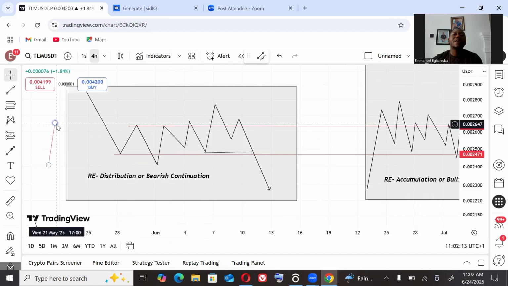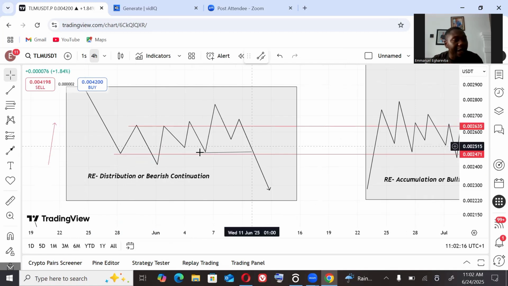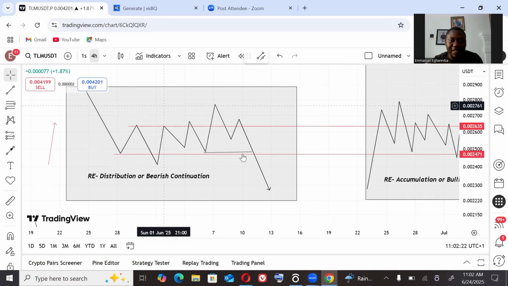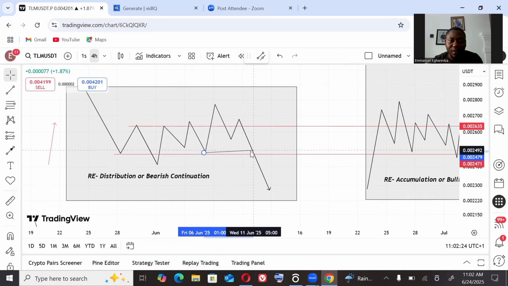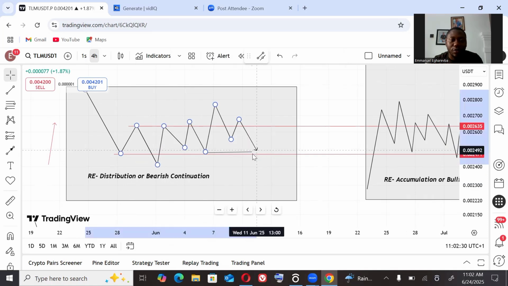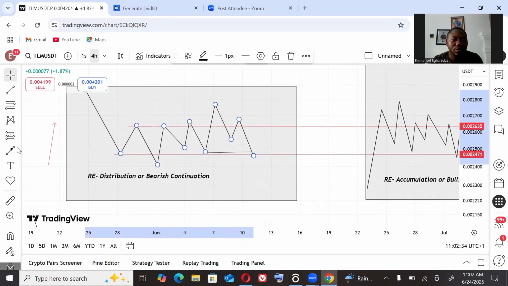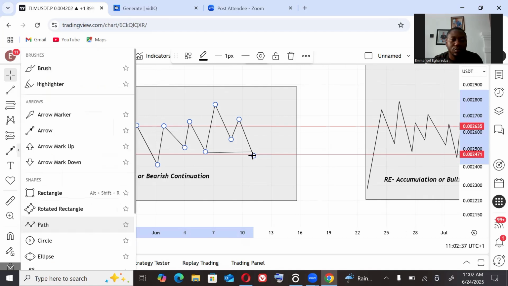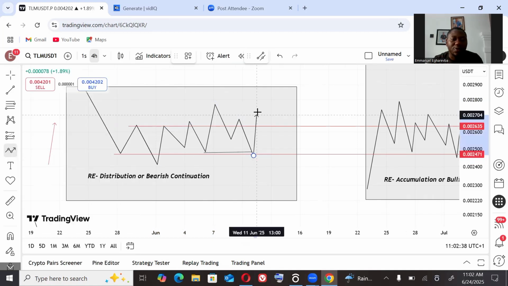Then we say we have a full-blown cycle of distribution. But sometimes, like what happened yesterday when the Trump news came in, price came here and then had a wick. We just wicked through, and then we went up.